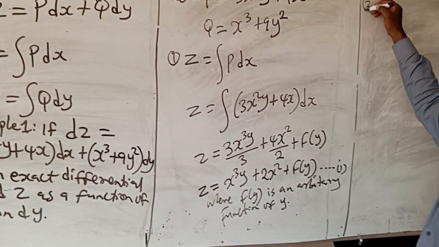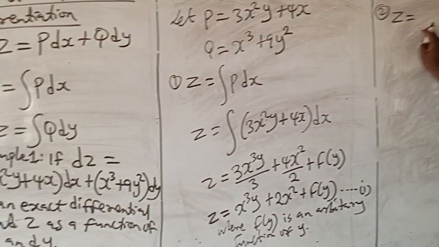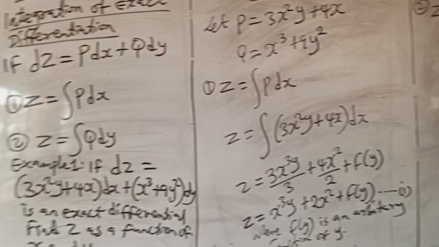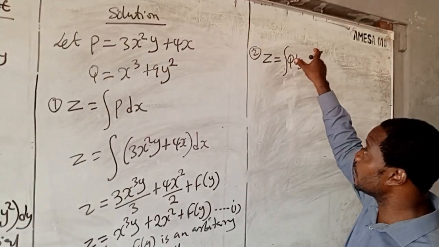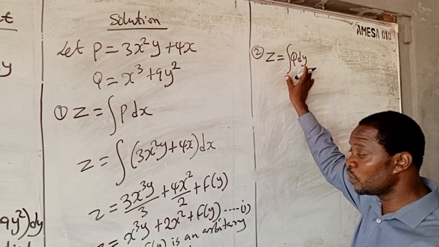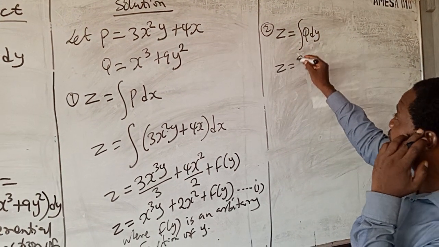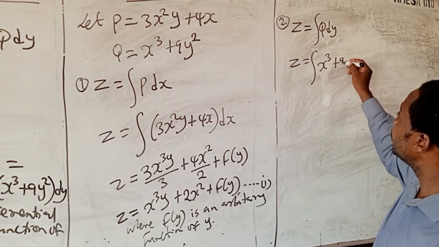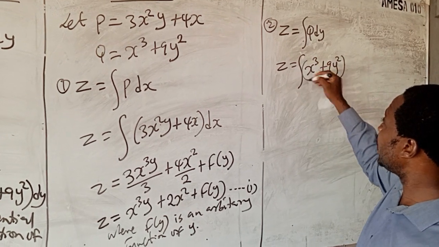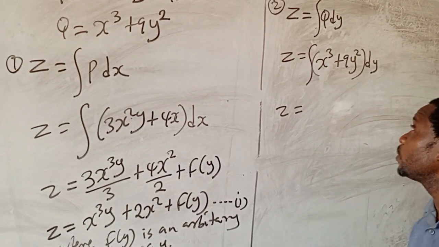We also go to rule number 2, so that z will give you what? If you go to rule number 2, it means if you integrate q now partially with respect to y, the answer you get here is expected to be the same answer you get in equation 1. So let's obey it immediately. You integrate your q, which is x raised to the power 3 plus 9y raised to the power 2, with respect to y. So what is it going to give you?